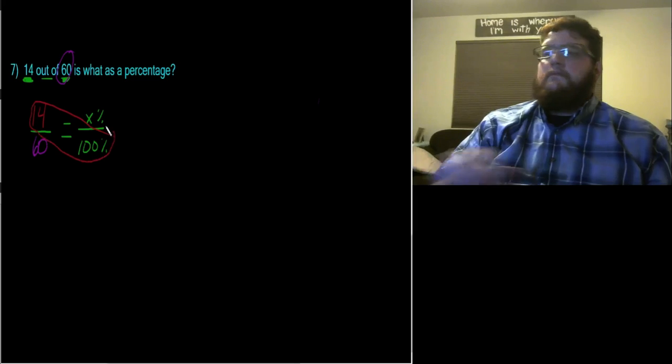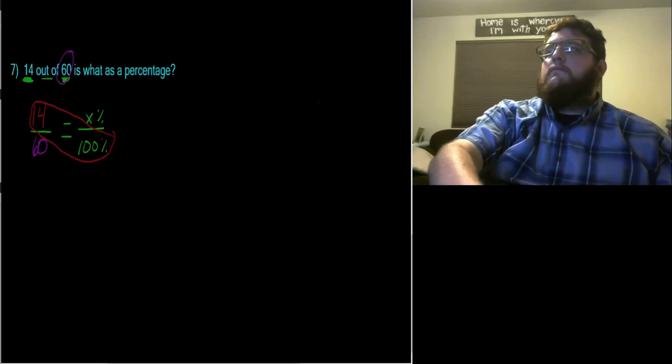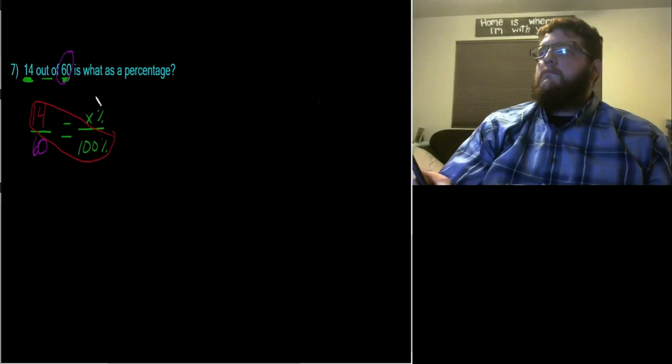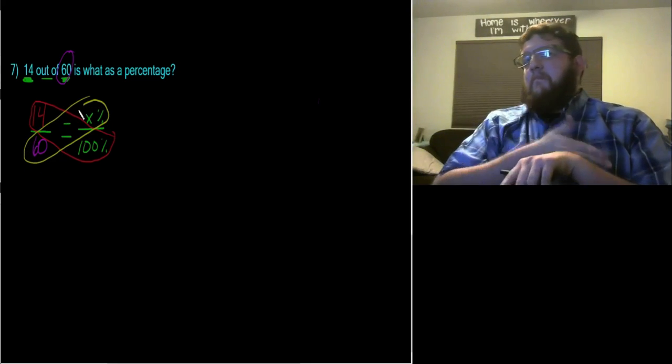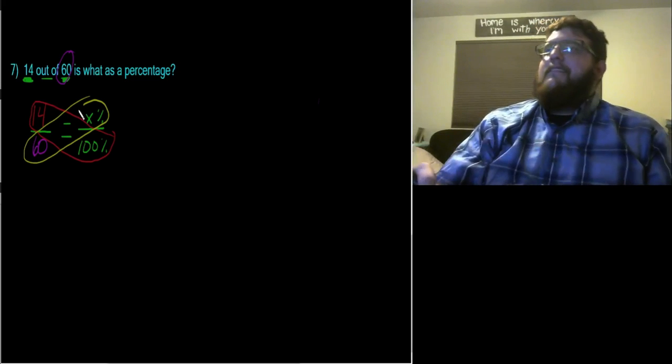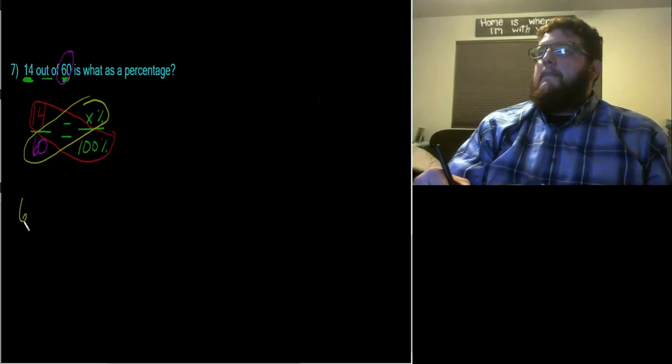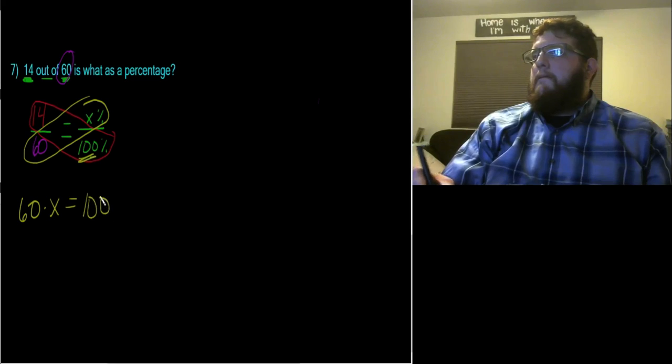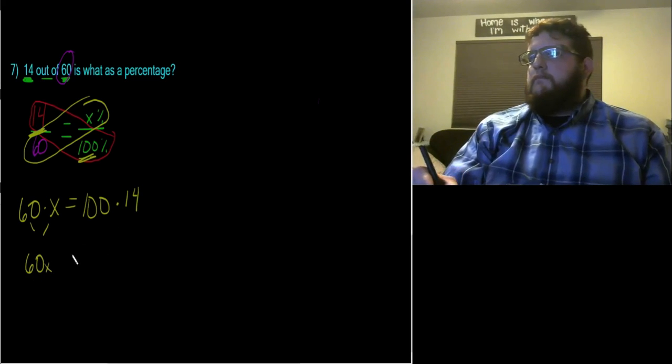We'll set up our butterfly wings. We'll then take the product of each wing and set them equal to each other. So for the first one, I'll have 60 times x. And we'll set that equal to 14 times 100. 60 times x is 60x. 100 times 14.